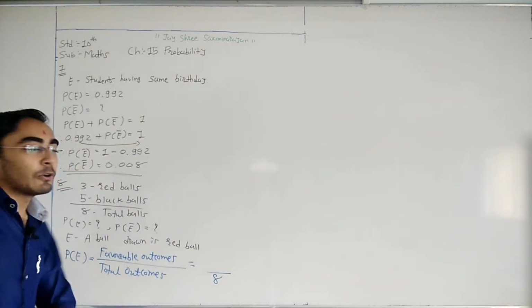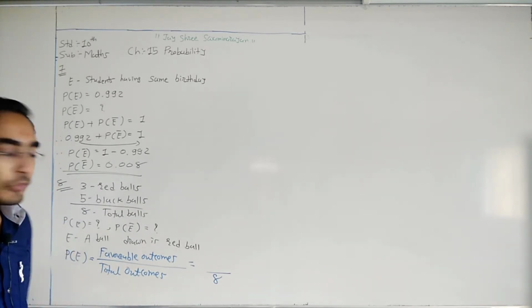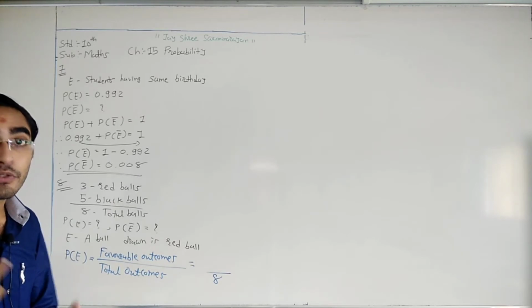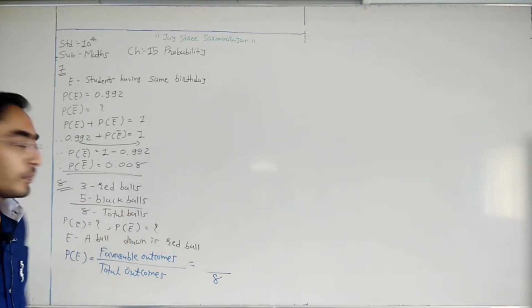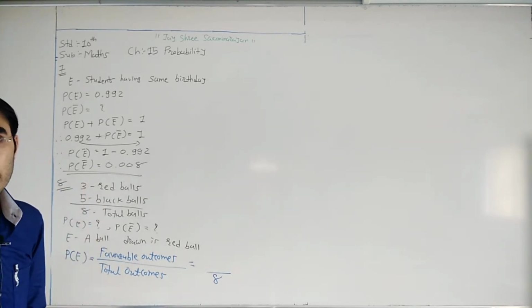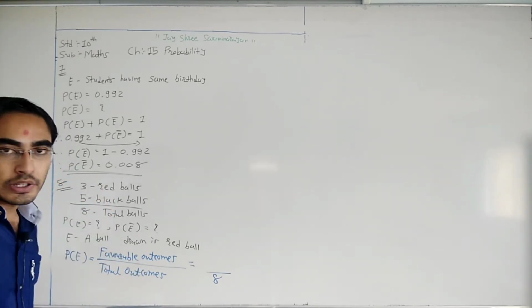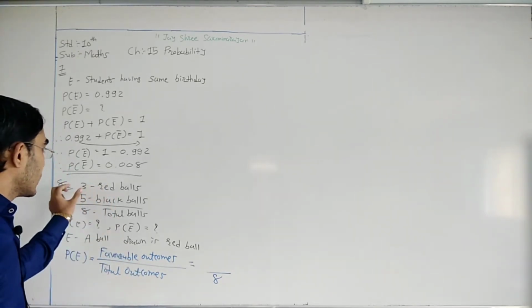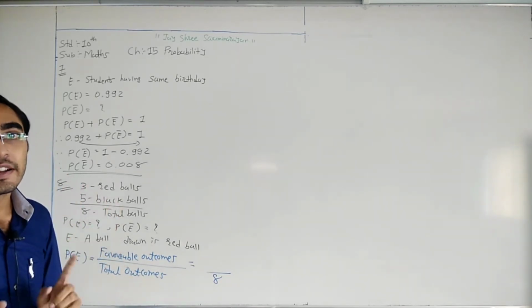So what is the favorable outcomes for us? For favorable outcomes, here we need to find the probability of red ball. So just find out how many red balls you have. Here we have 3 red balls. So it becomes our favorable outcomes. Right? If we select one ball from these 3 balls, so definitely it is a red ball.